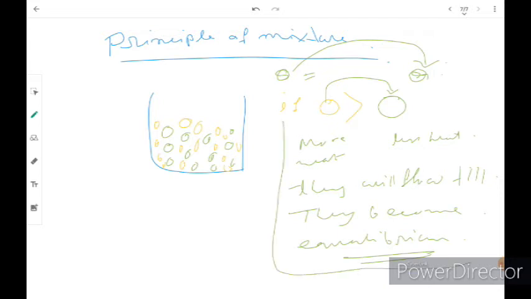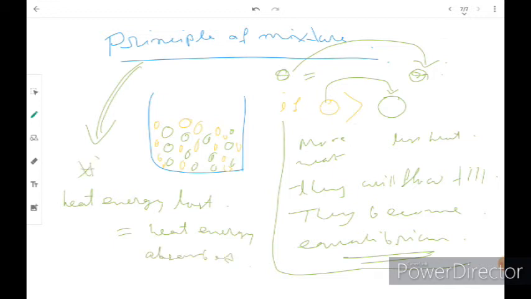This is the principle of mixture, and it is based on the conservation of energy.